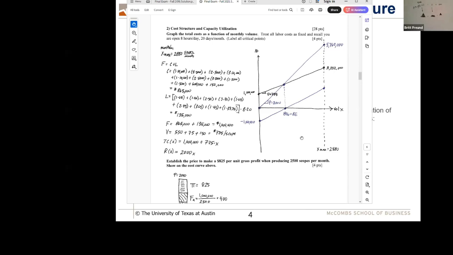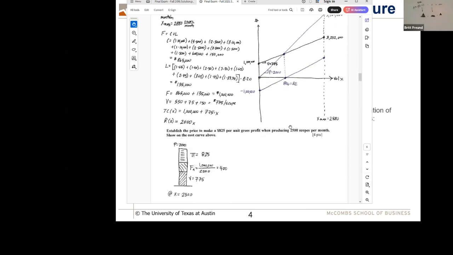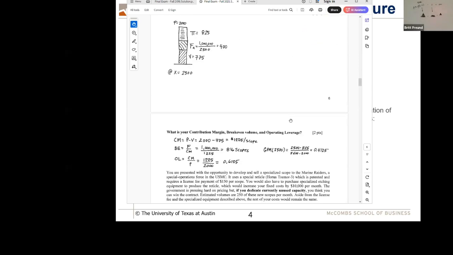And all that's happening in the example you see up here, it's a little bit boring because they're all the same. In this particular case, a contribution margin is always the same. It's always equal to the price of $2,000 minus the variable cost of $775, which is equal to $1,225. So every time you make a sale, you throw $1,225 on here.